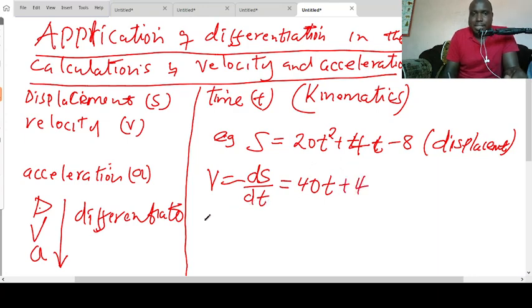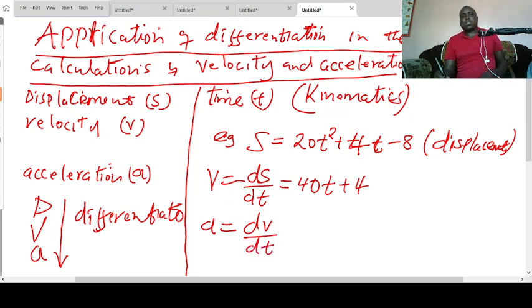So if I want acceleration, acceleration A is equal to the differentiation of velocity, which is dv over dt. Now you differentiate, t is power 1, so that is 40. So acceleration is 40 only.